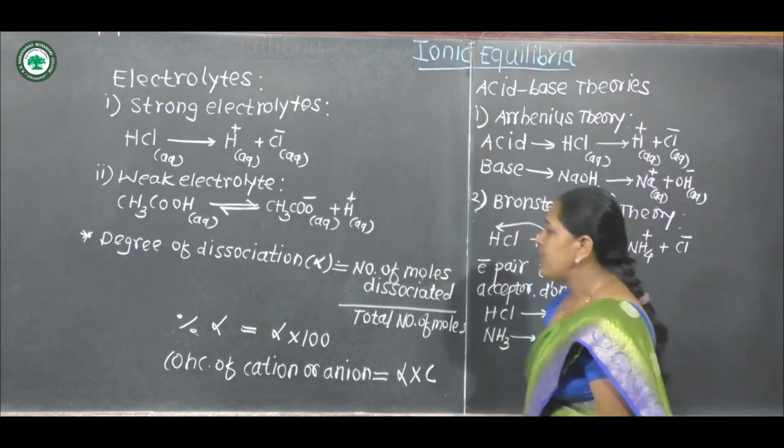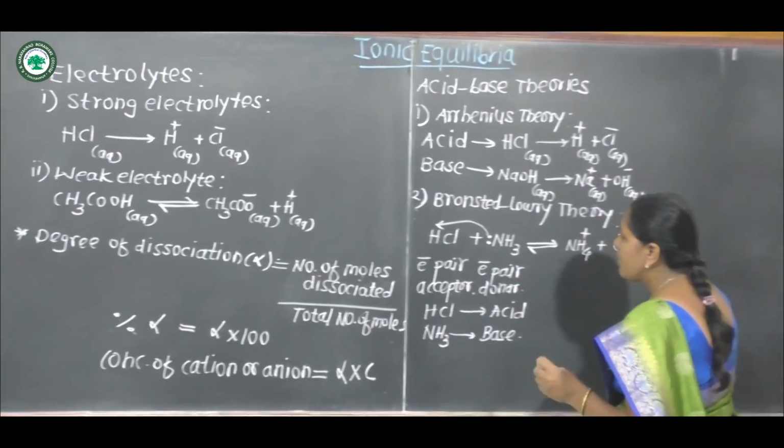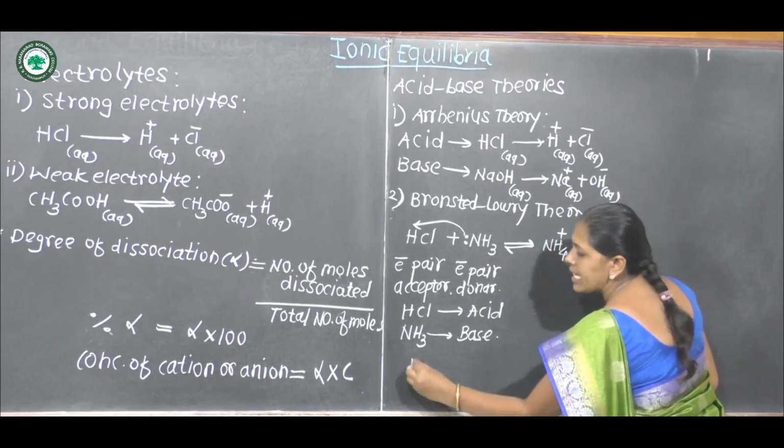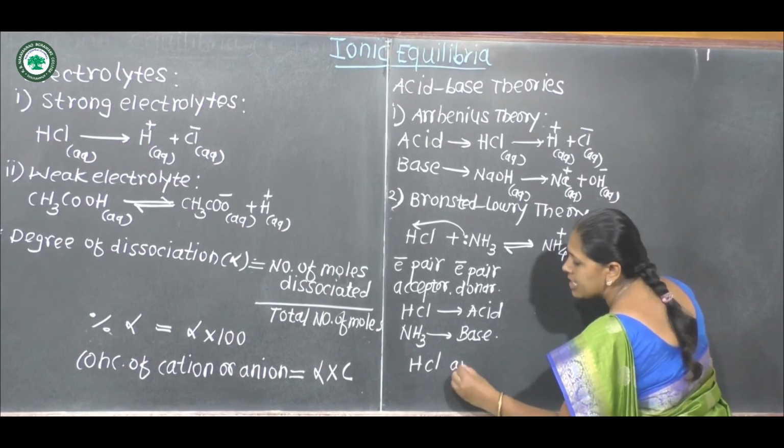In this example, there are 4 species, out of which HCl and Cl minus.